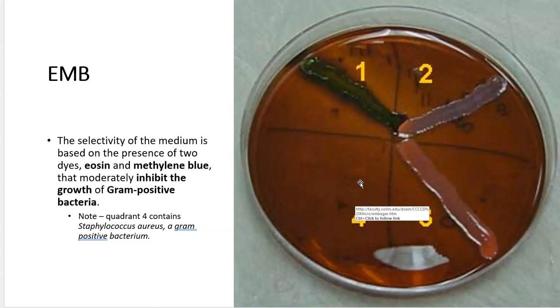So this plate is in part selective, so it only allows some certain types of bacteria to grow. Specifically, it only allows gram-negative bacteria to grow, just like the last one. Again, we're looking for fecal coliforms, so that's going to be predominantly gram-negative bacteria. So we want to inhibit those gram-positive bacteria from growing. We can see here a gram-positive bacteria was inoculated and it did not grow.